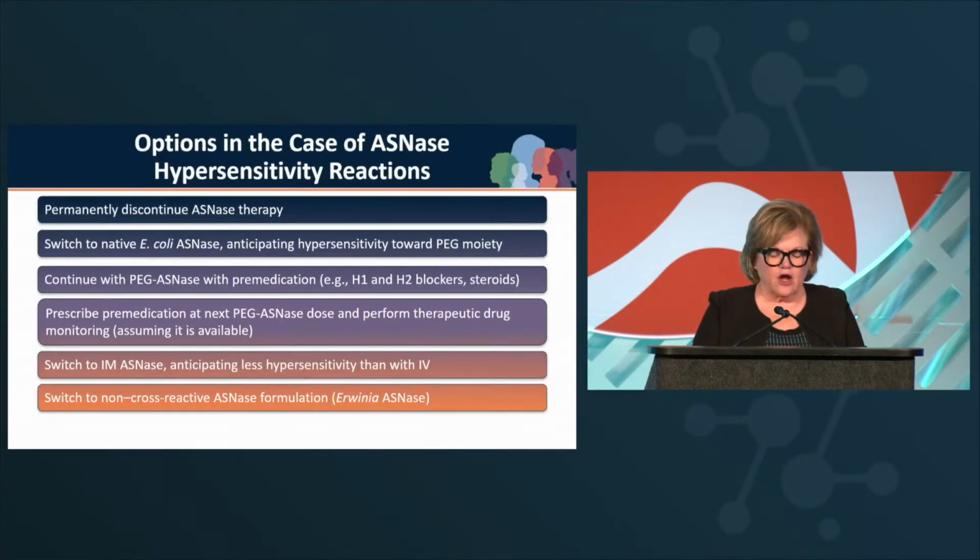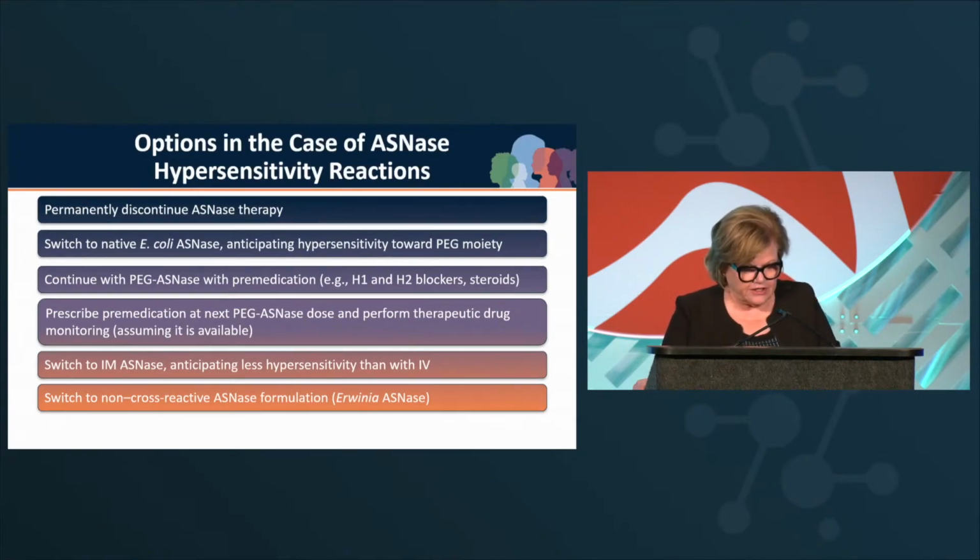So, what are our options in treating this patient that has the hypersensitivity reaction? Are we going to permanently discontinue his asparaginase therapy? Are we going to switch to the E. coli asparaginase, anticipating hypersensitivity towards the PEG modulation?